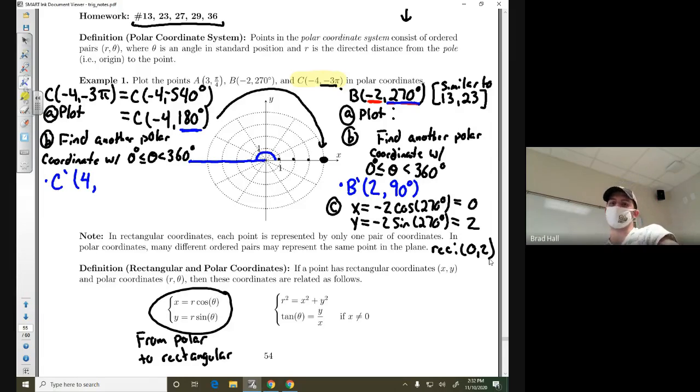And then we need to figure out how to modify the angle, which you already had the right idea. It has to be less than 360, so you can't add 180. And it's greater than or equal to 0, so you can subtract 180 to get 0. Yeah, so 0 is inclusive, 360 is exclusive. So we'd rather subtract 180. So this is really 0 degrees, which makes sense because that would place you right here. And then a radius of 4 would bring you perfectly here.